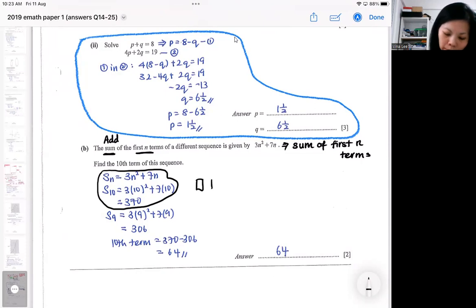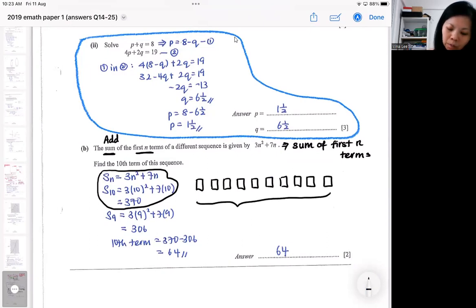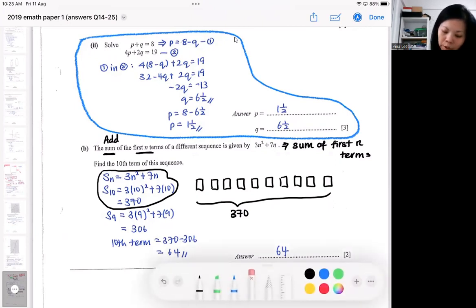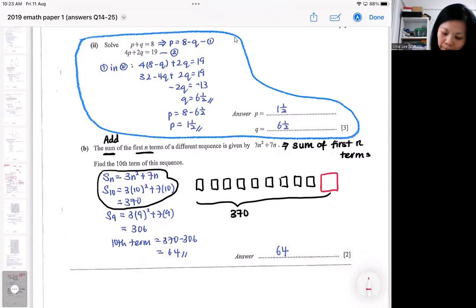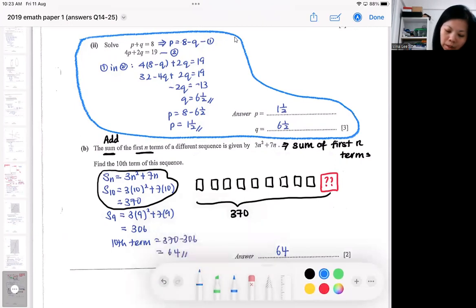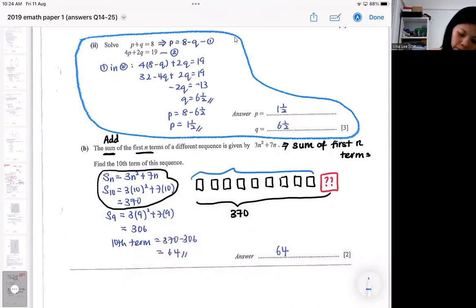So you can draw it out like this: 3, 4, 5, 6, 7, 8, 9, 10. The 370 happens when you add up the first 10 terms. If you are only interested in the last term, which is what the question is asking, then I should subtract away the sum of the first 9 terms.